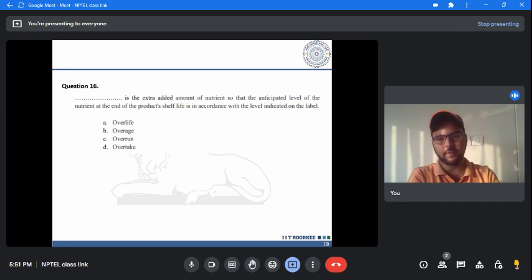For example, if I assume that the cream I'm taking has 25% fat, and I'm consuming it at the end of the shelf life, will it still fulfill my requirement? So what is that term called: overlife, average, overrun, or overtake? Please write in the comment box.